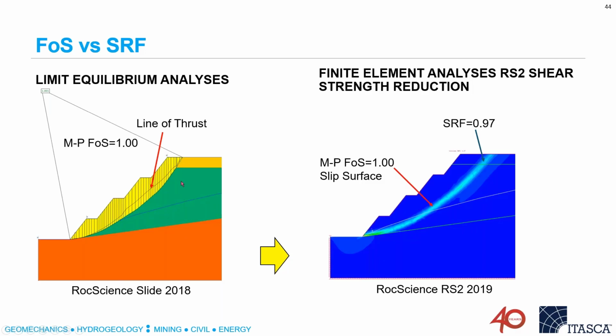It has benches in it. And the Morgenstern-Price safety factor for this slope is 1.0. The numerical model is giving a safety factor of 0.97, so very close. And the difference probably comes about because of some slight differences in stresses at the toe and the shape of the failure surface.